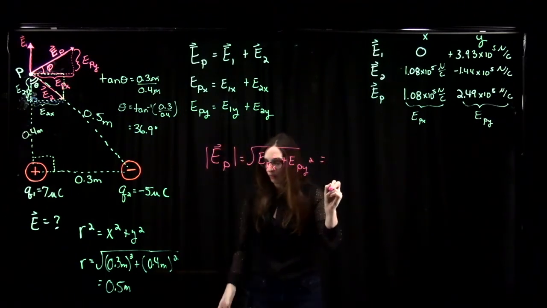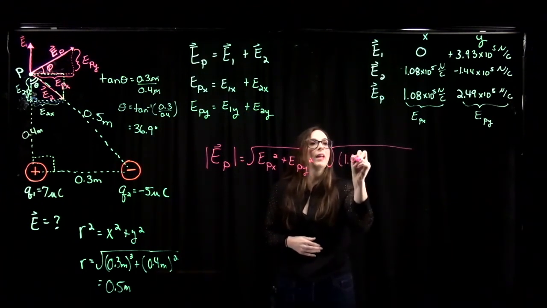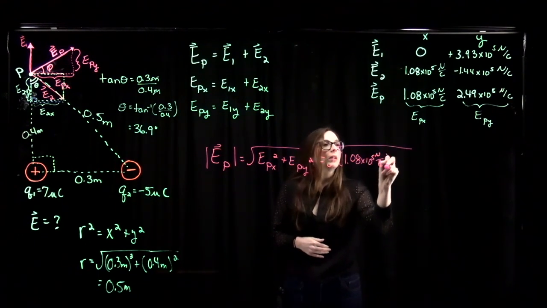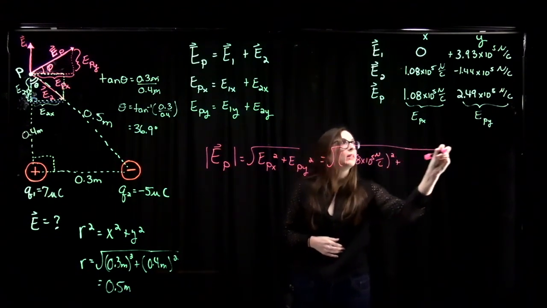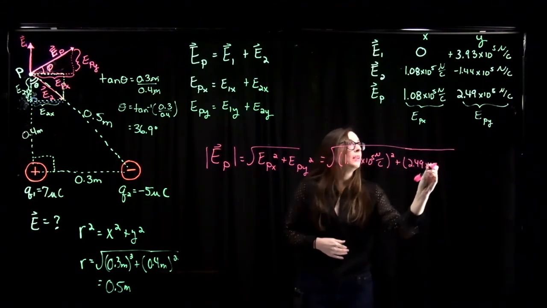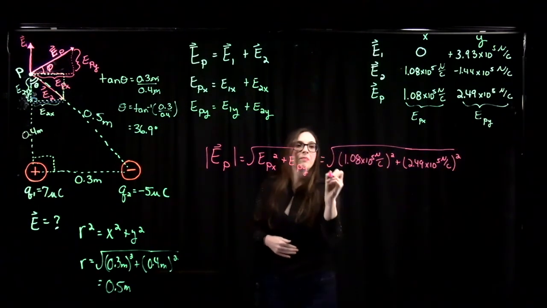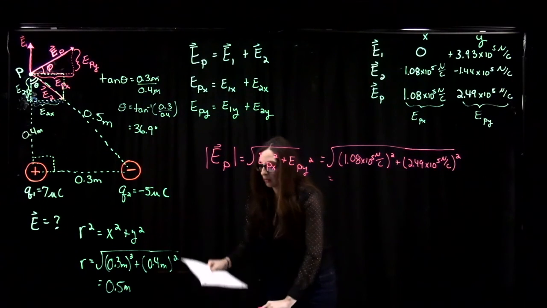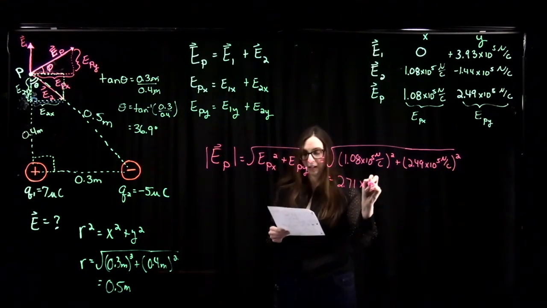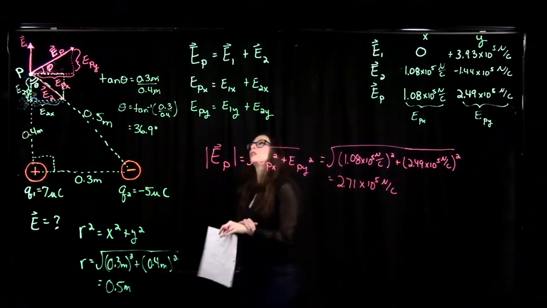So that will equal the square root of my 1.08 times 10 to the 5 Newton per Coulomb squared plus my 2.49 times 10 to the 5 Newton per Coulomb squared. That gives me a magnitude of 2.71 times 10 to the 5 Newton per Coulomb for EP.